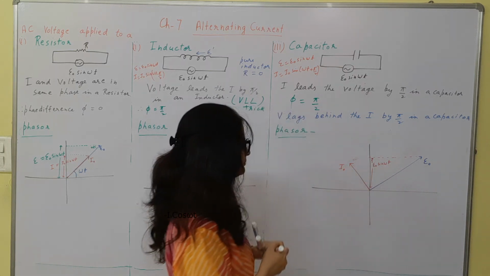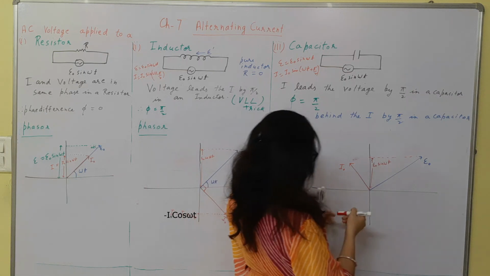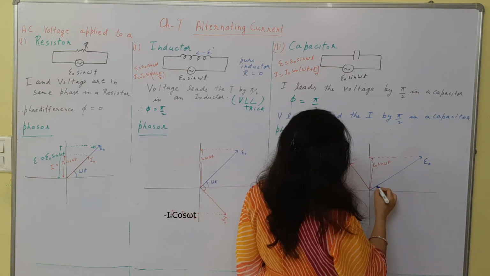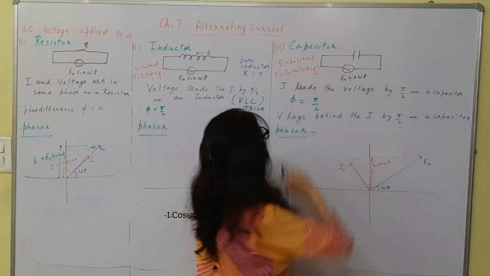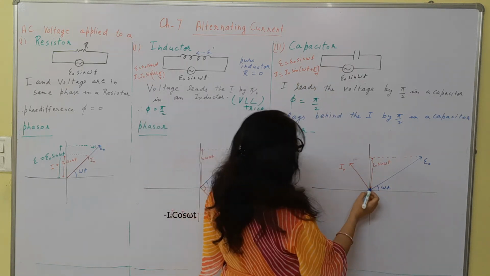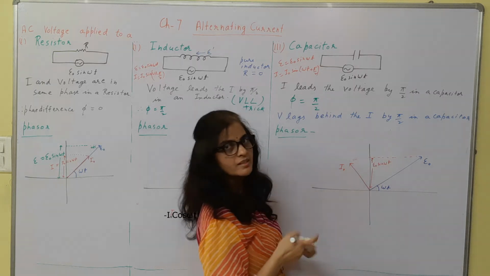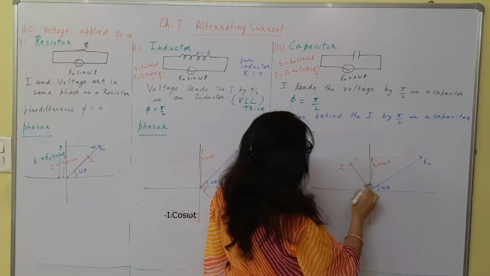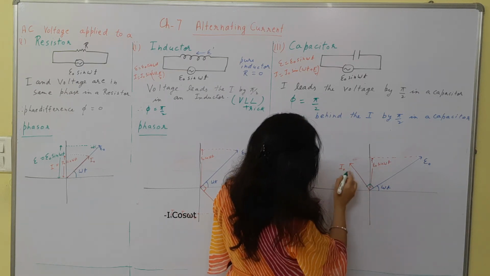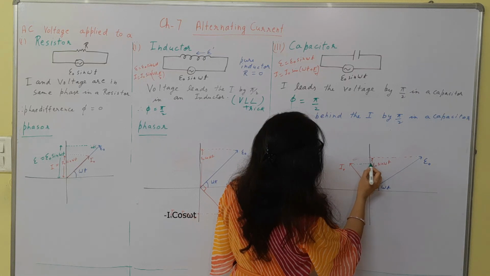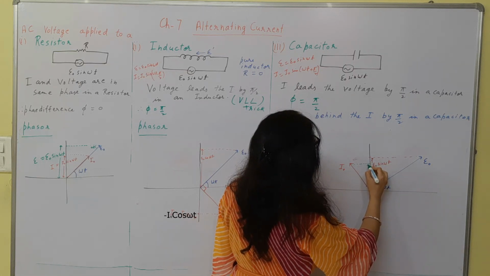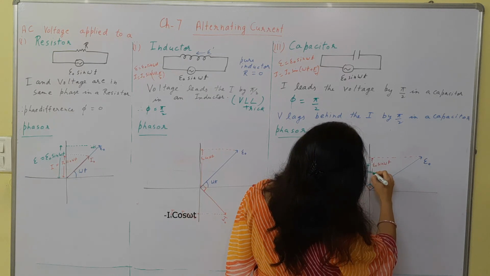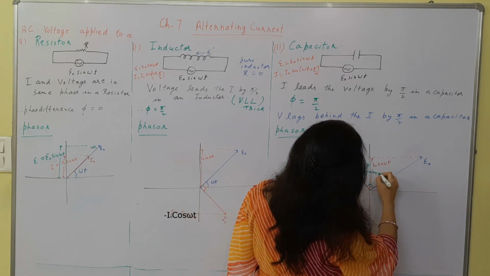This is I naught, and this angle is omega t, because in this case this is E naught sin omega t, and this is omega t plus pi by 2, as clear from the figure also. So this value of angle is omega t plus pi by 2, and the projection of this gives you I naught sin omega t plus pi by 2.